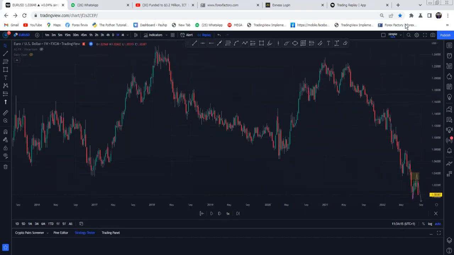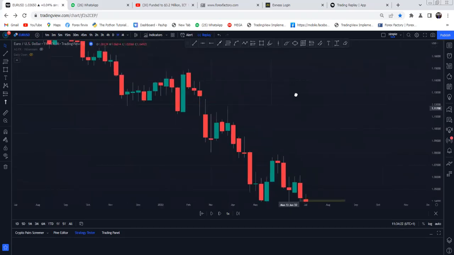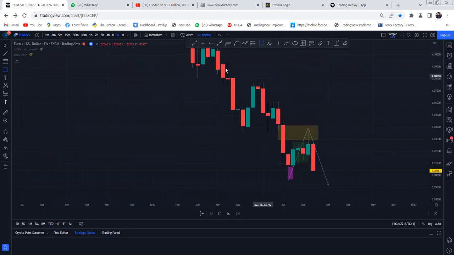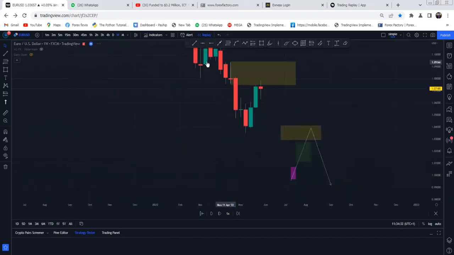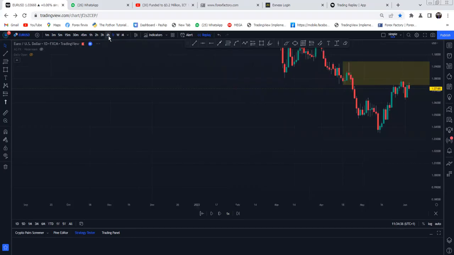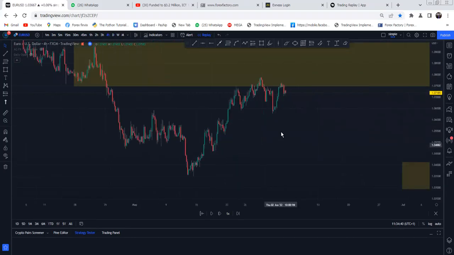So you see what the 4 hour and the daily are doing. Looking at this level here, price came back up to this order block. If you spot this from the daily or 4 hour time frame, you discover that you have a very clean market sell model.